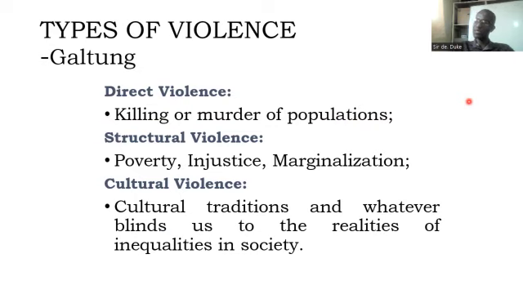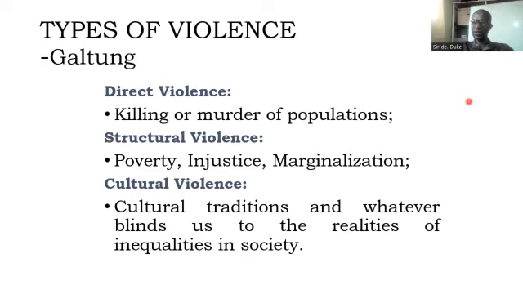we experience problems like poverty, injustice, or marginalization. You may not really know what's causing the misery because it's embedded in the social structure. Inequitable distribution of resources can be a good example.